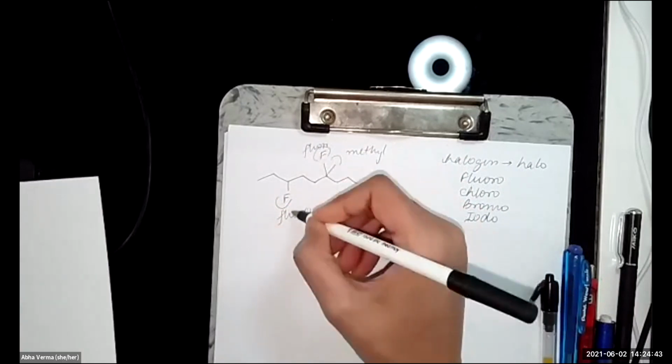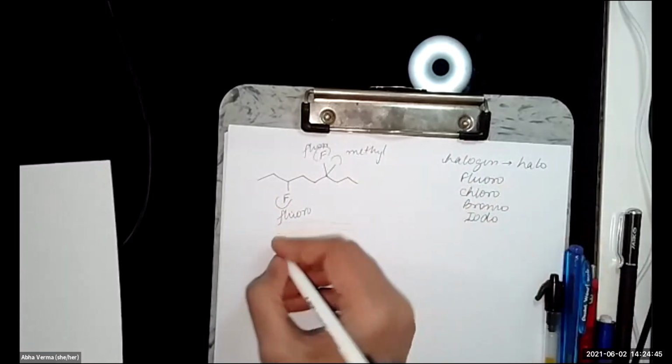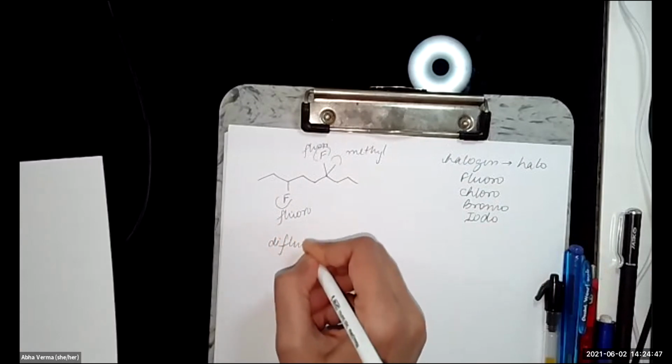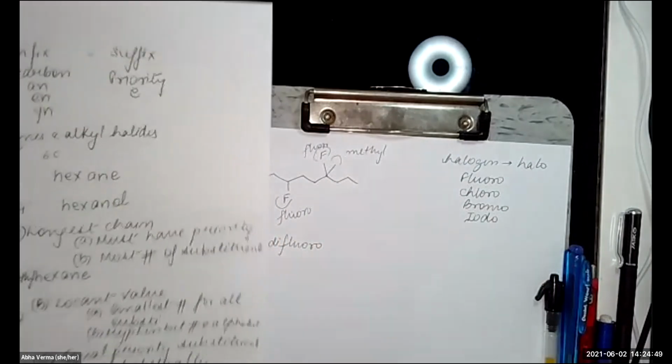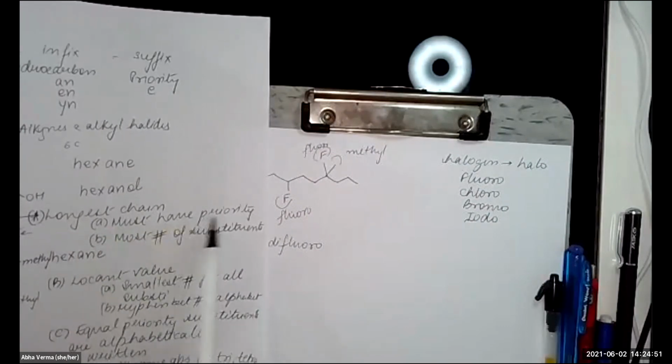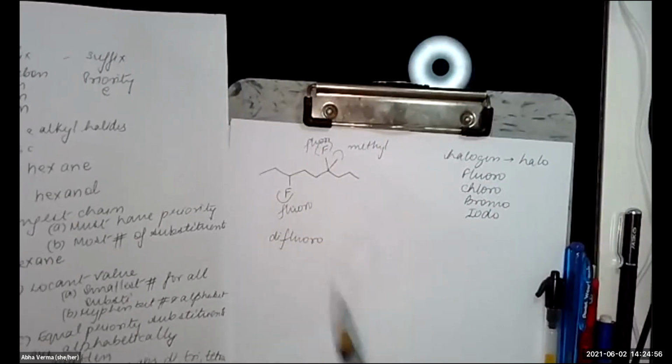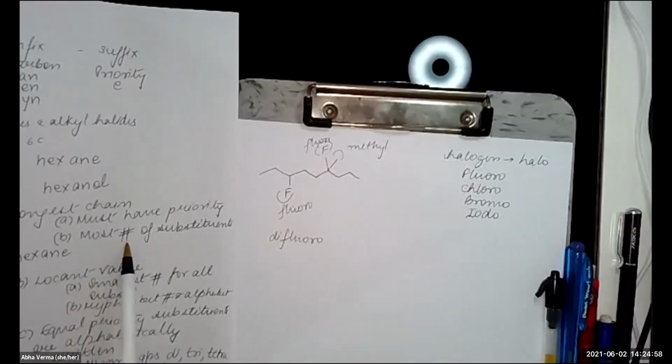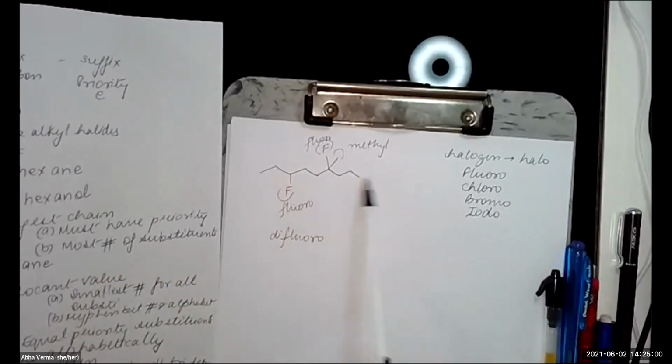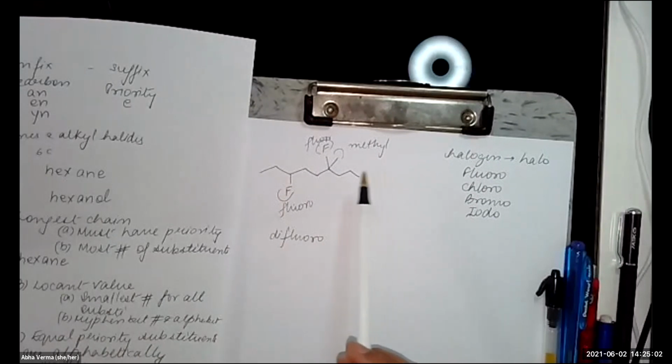How many fluoros do I have? Two. So I'm definitely going to have a difluoro somewhere. So my longest chain must have priority. There's no priority. Both of these are similar priorities. Most number of substituents. There's not much choice that we have here.